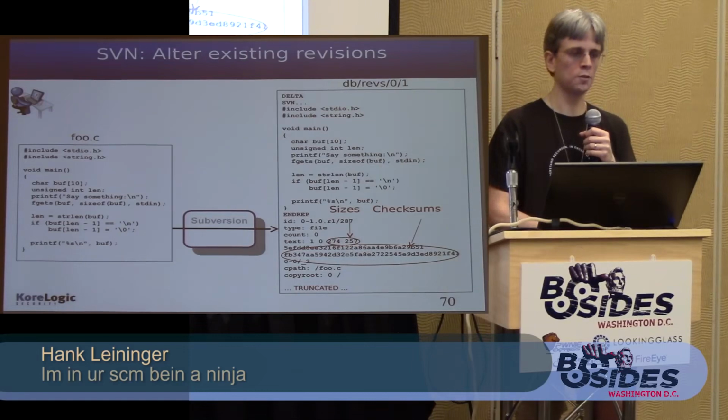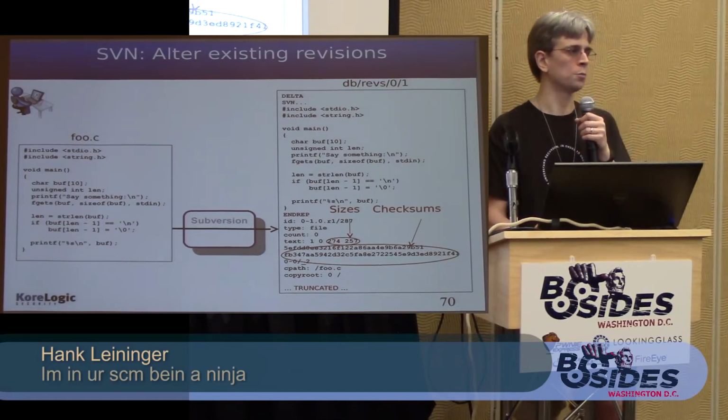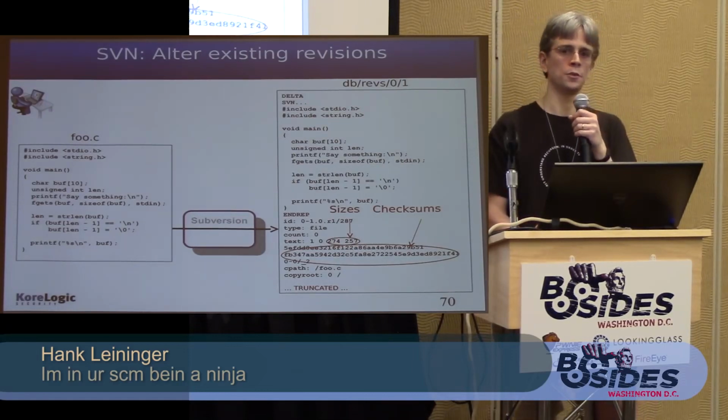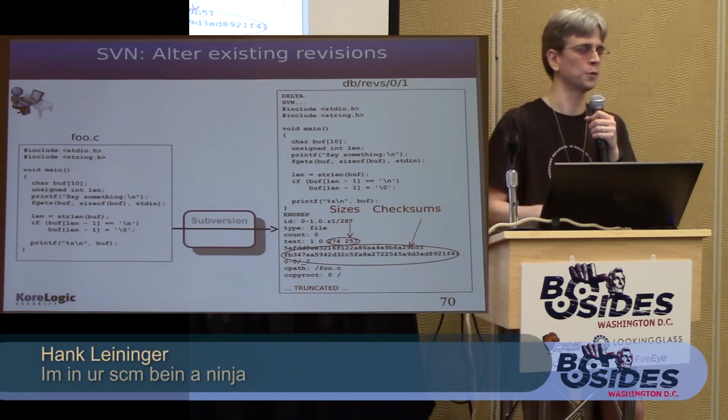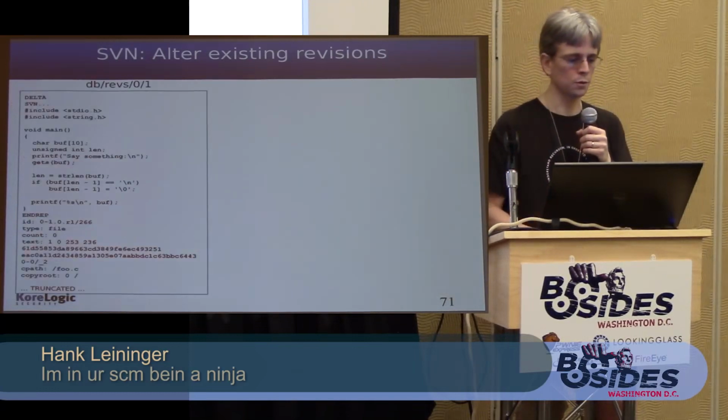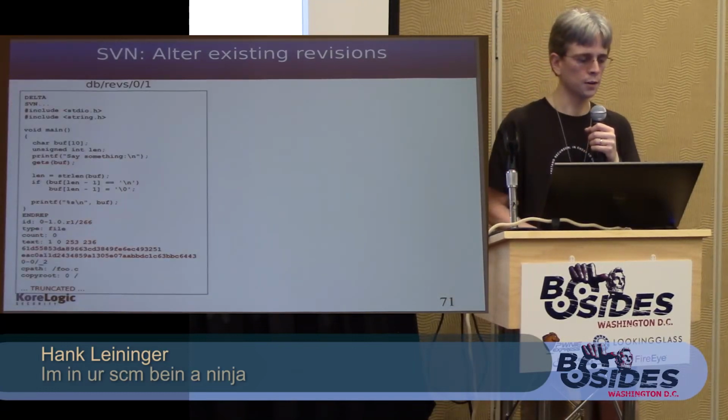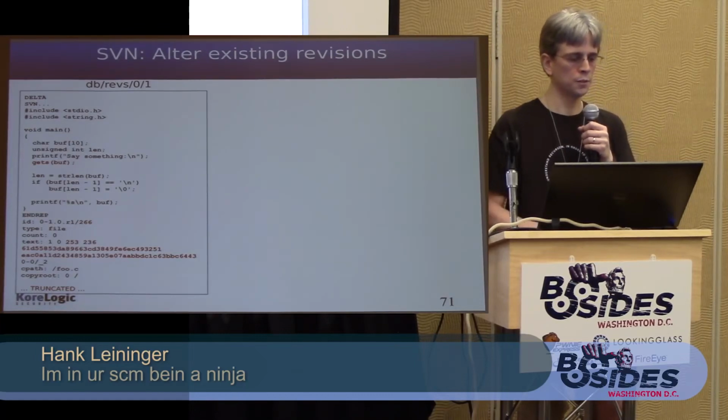This is about as effective at preventing tampering as publishing MD5 sums or SHA-1 sums of files on a website that are up for download. If somebody can replace the file on the website, they can replace the checksum on the website. So the attacker takes that and modifies the payload to have gets instead of fgets and changes the metadata to show the corrected sizes and the new checksums.